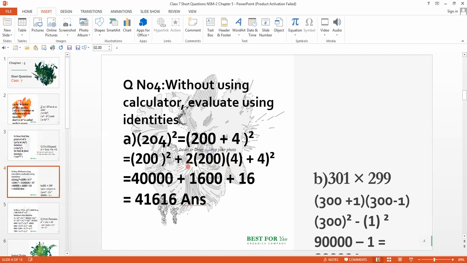So first I have to start with 2. 2 2s are 4. 4 4s are 16. And how many zeros are there? 2. So it becomes 1600. Next, 4 4s are 16. Now, how I have to add it here? Look here. What is at unit place? 6. So I have to place 6. What is at 10 place? 1. I have to place 1. Look here. So instead of writing this 0, I have to write 6, then 1.